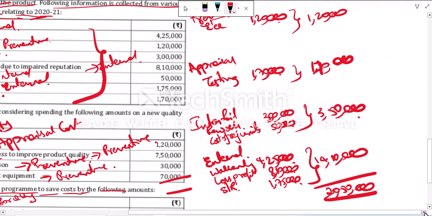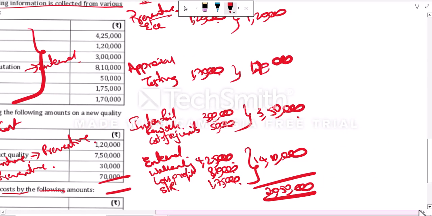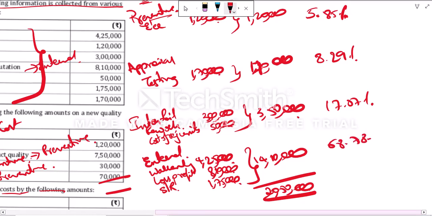Okay, what they have asked is the percentage of each category in total quality cost. So 1,20,000 divided by 20,50,000 into 100: they are incurring only 5.85% of total cost in preventive. 1,70,000 divided by 20,50,000 into 100, 8.29%. 3,50,000 divided by 20,50,000 into 100, 17.07%. 14,10,000 divided by 20,50,000 into 100, 68.78%.